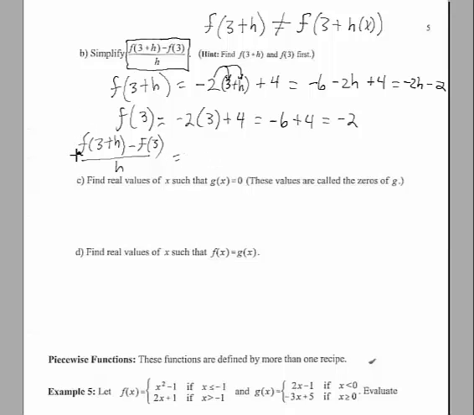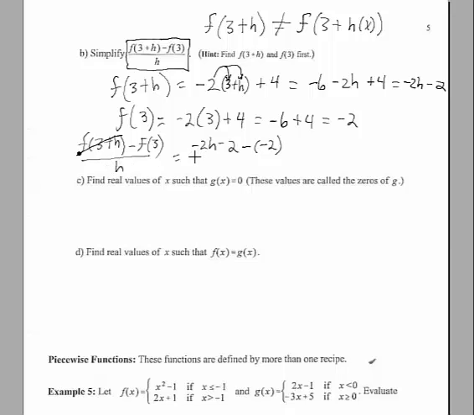We can strike out this whole notation here. We know what f of 3 plus h is. It's negative 2h minus 2. Then this minus is a part of the expression, so we bring it over, and then f of 3 alone is also negative 2, so we get a double negative here. This negative is from this output. This negative is from this expression.